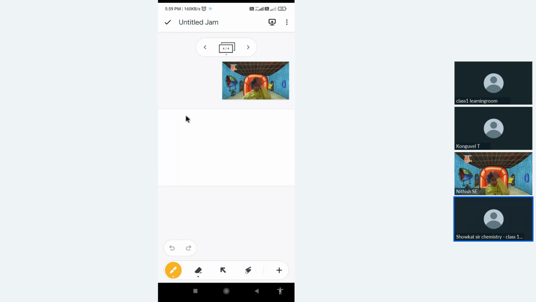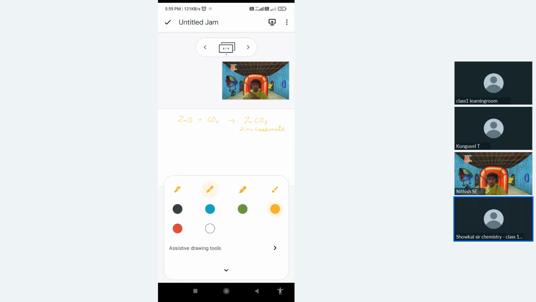Okay, so if I write a reaction here, zinc oxide reacts with carbon dioxide and it forms zinc carbonate. Can you tell me, is it a combination reaction? Yes, sir. Exactly, it is a combination reaction because there is only one single product, isn't it?